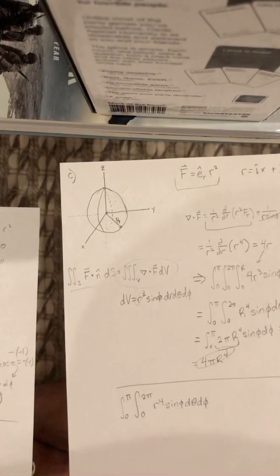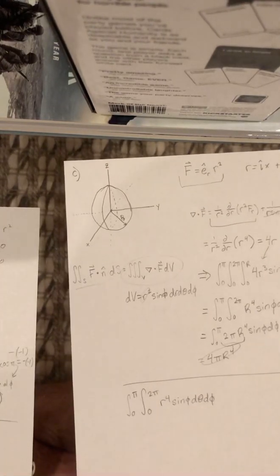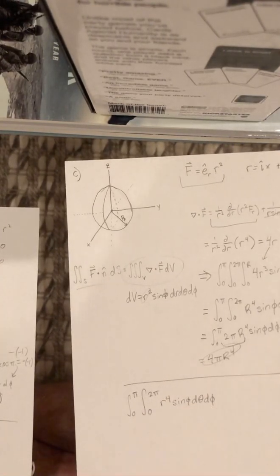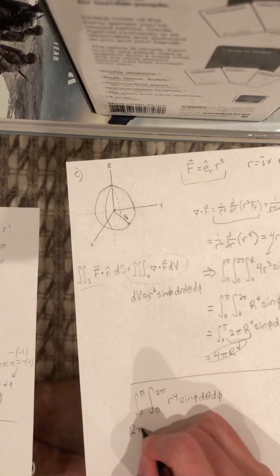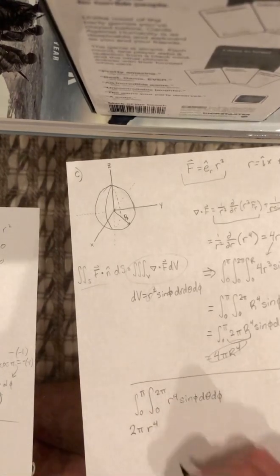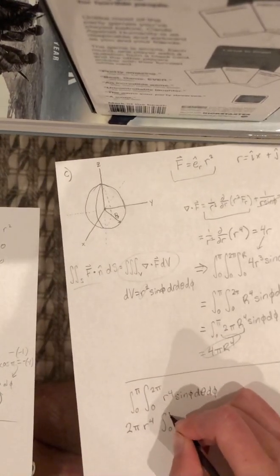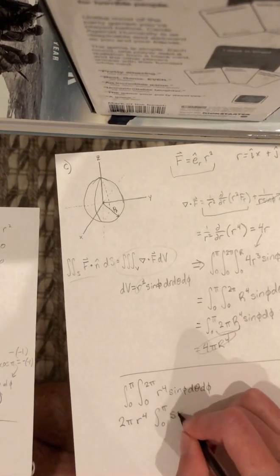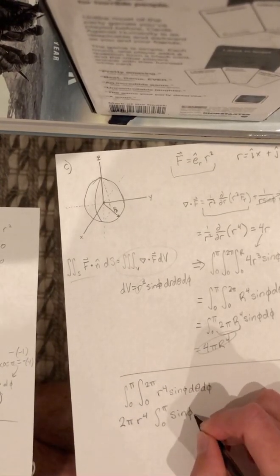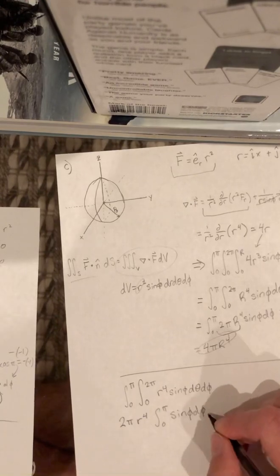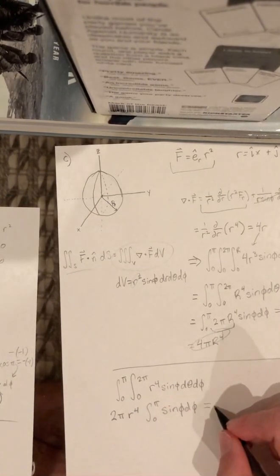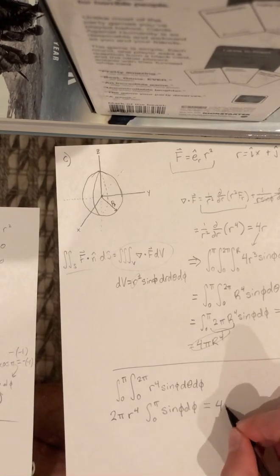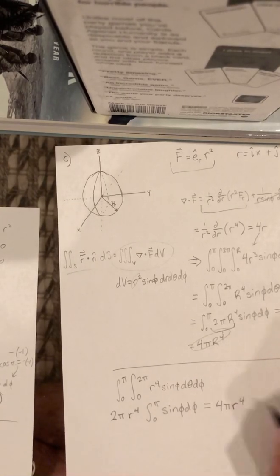So again, if we take this integral with d theta, it's just going to be 2 pi, and we can pull out r to the 4th. So we're going to have 2 pi r to the 4th times the integral from 0 to pi of sine phi d phi. And just like before, that's going to be a factor of 2. So we will end up with 4 pi r to the 4th.